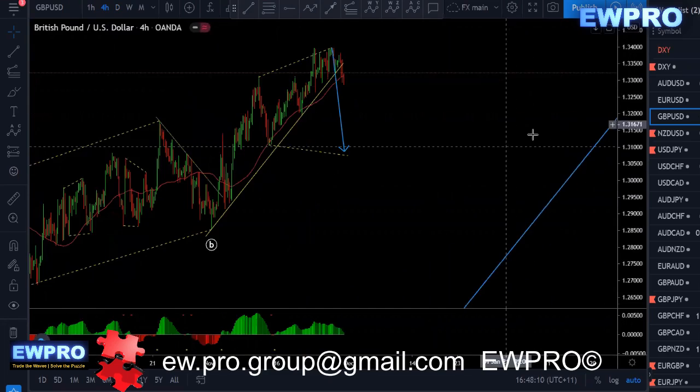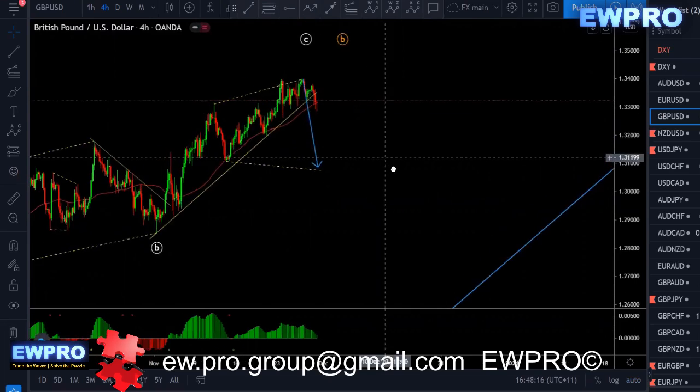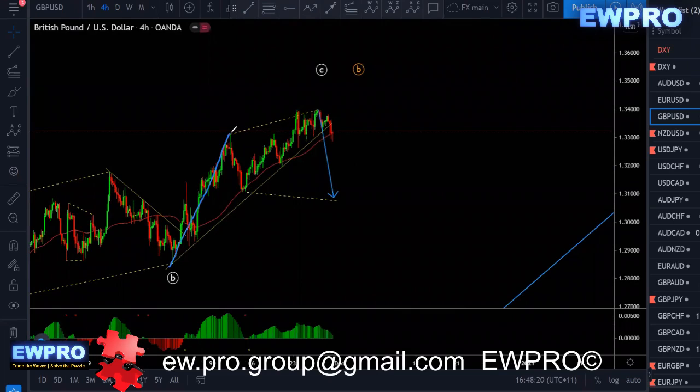If you go to the H4, there is this possibility of this flat here for more upside. A, B, C for an expanding or running flat, and then we get that C up, internal C up.